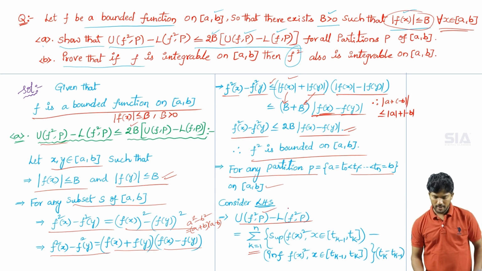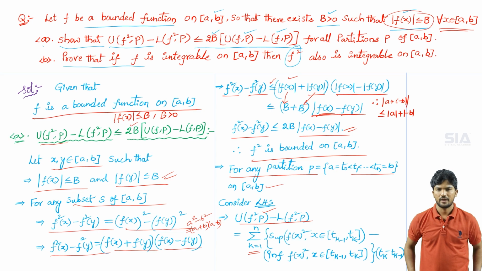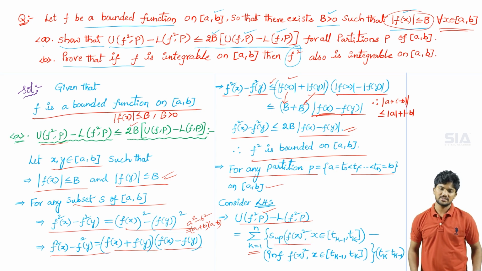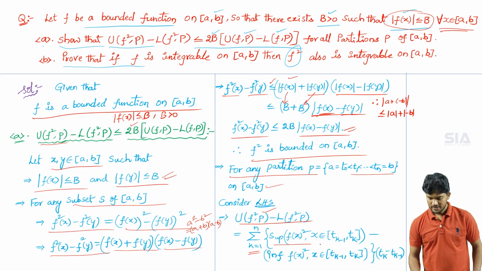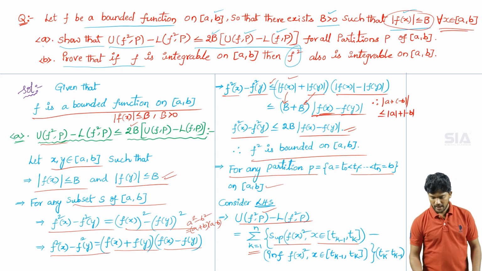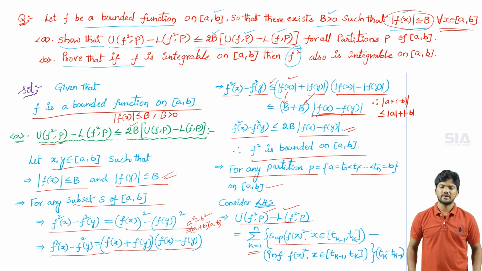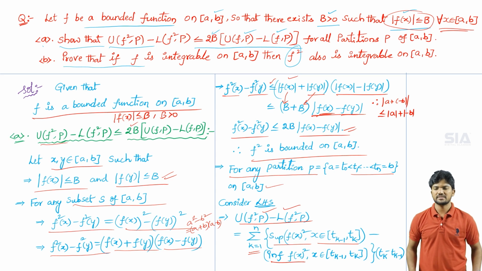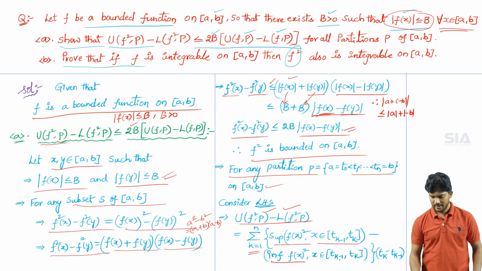Here upper Darboux sum, function is f square, so supremum of f of x square where small x belongs to closed interval t suffix k minus 1 comma t suffix k, and minus L of f square comma P is there for that function, infimum of f of x square, small x belongs to closed interval t suffix k minus 1 comma t suffix k, into t suffix k minus t suffix k minus 1.